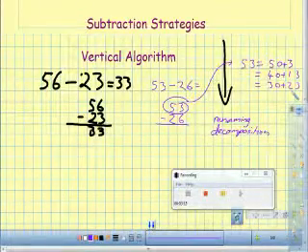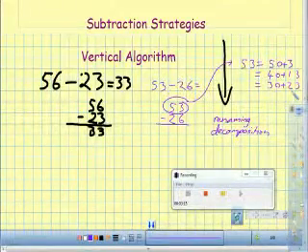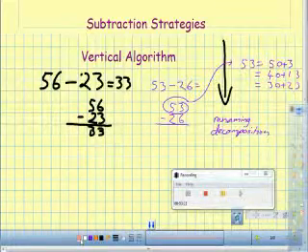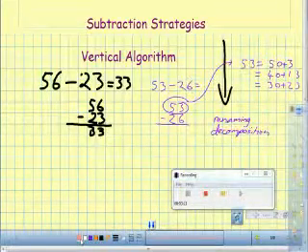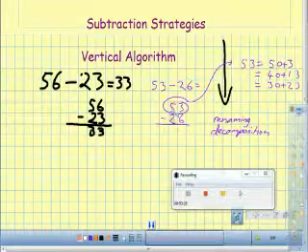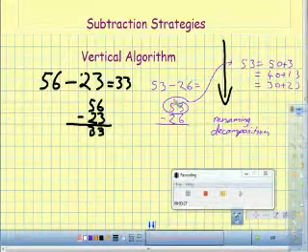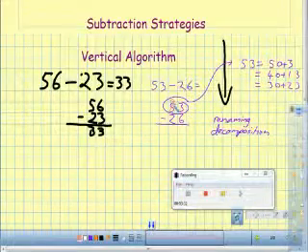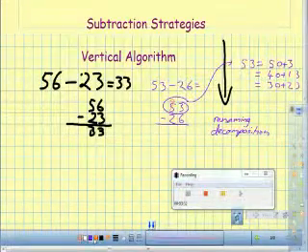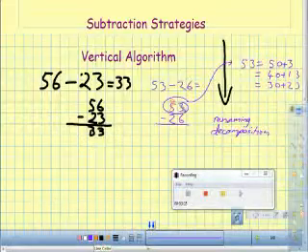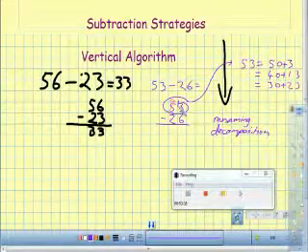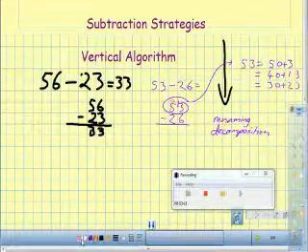How does that help us down here? Well, I'm going to show you what we call renaming. I'm going to come to my 50 and I'm going to take 10 away. And I'm now going to make that 40. But the 10 that I've taken away, I'm going to put on here to now make that 13.